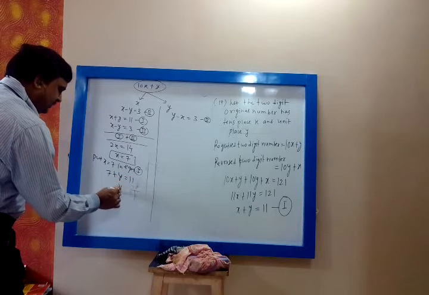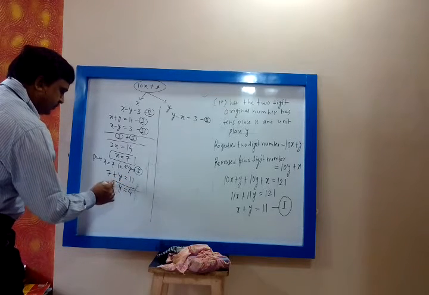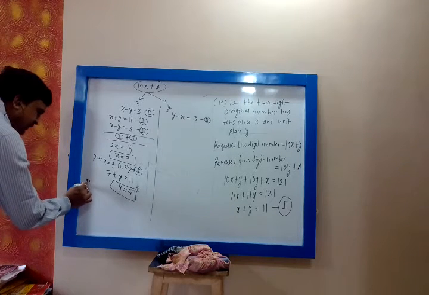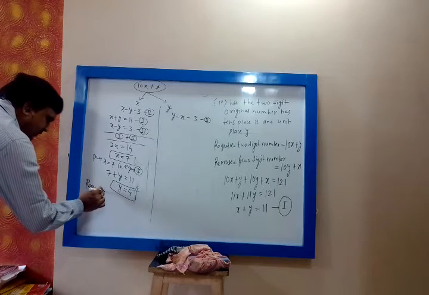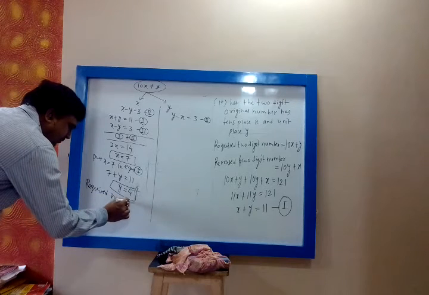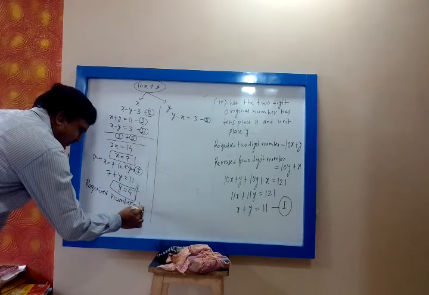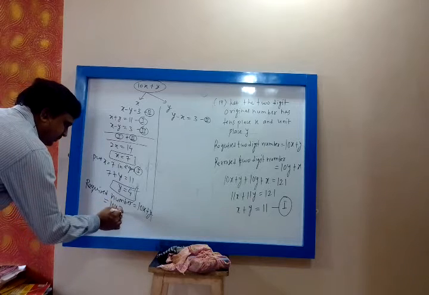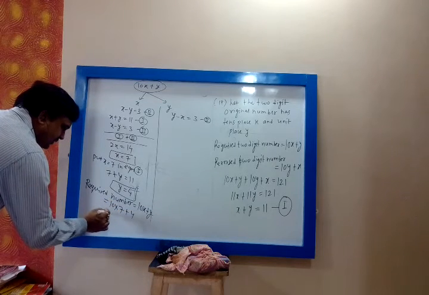So you will get y is equal to 4. Okay. So the required two digit number is 10x plus y. So what is my x? 10 into 7 plus 4. So this is 74.